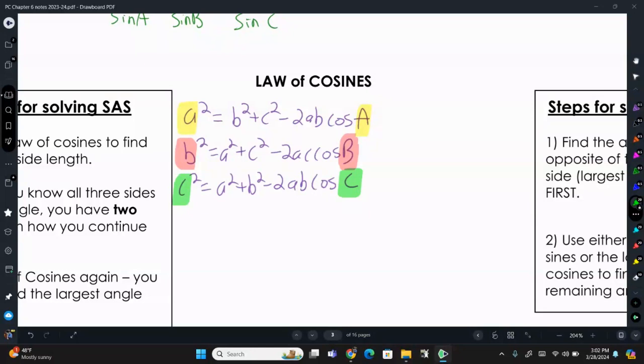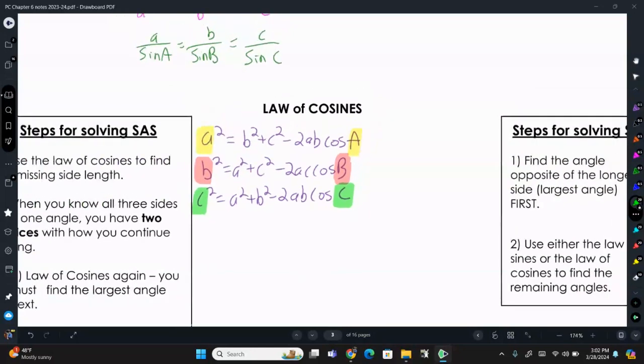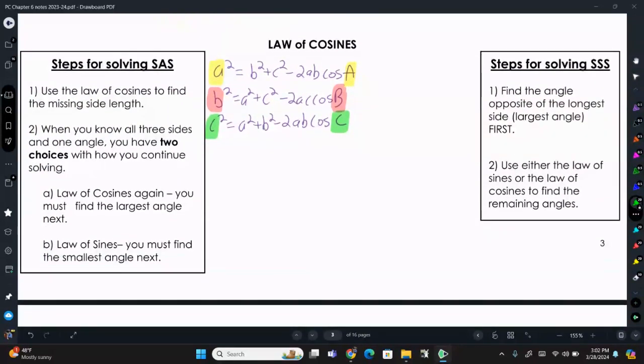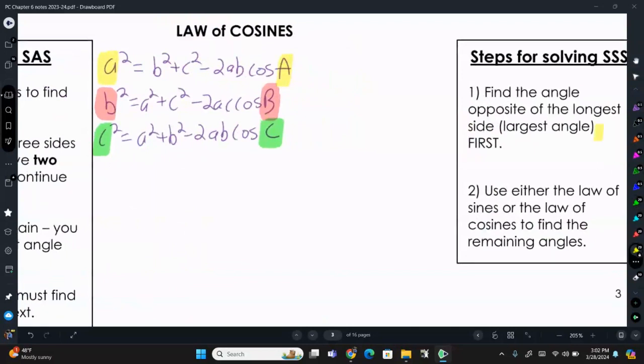So once you do the law of cosines, though, you have to now look at this information that I have on either side of it to understand where you're going to go next. If you have three sides, you want to find the largest angle first.